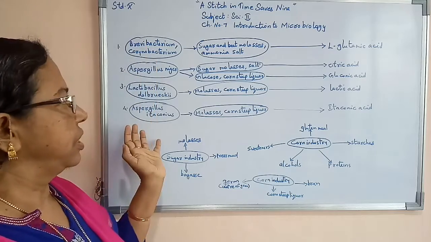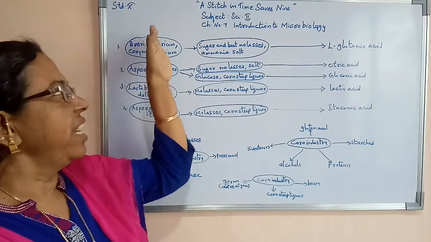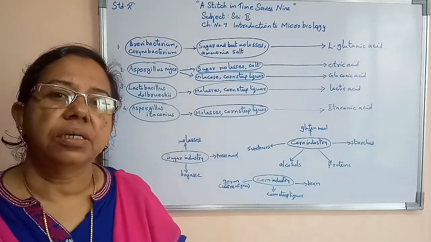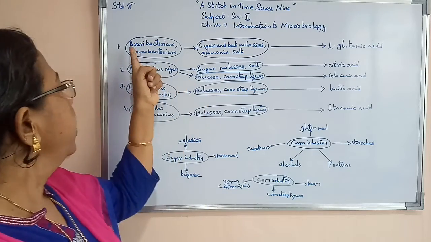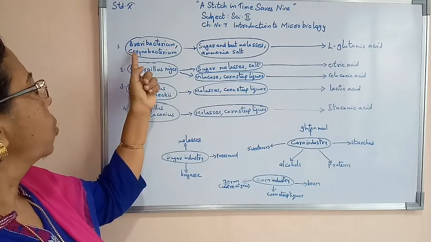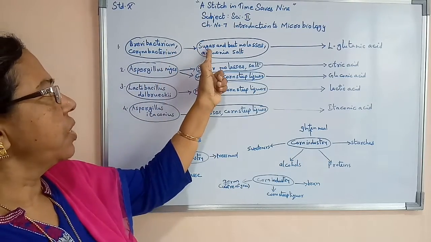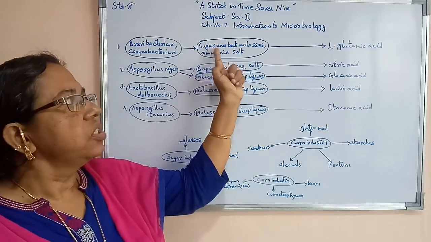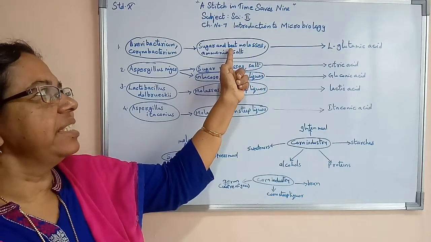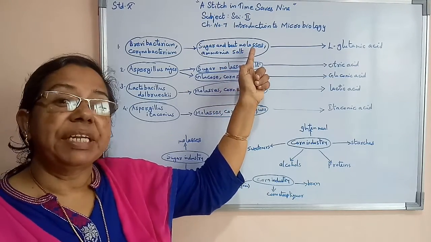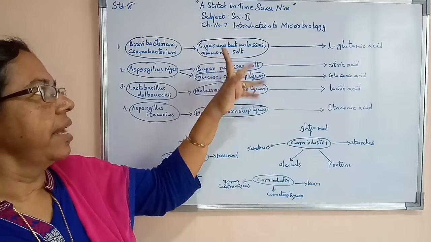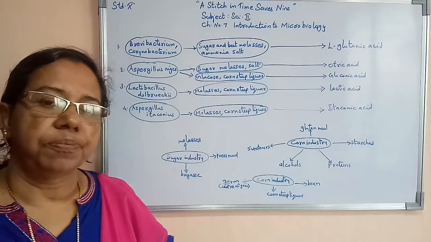What are the various sources of these microbes? That means where all these microbes are growing. Here now Brevibacterium and Corynebacterium, these two types of bacterium are growing in sugar molasses as well as sugar beet molasses, then ammonia salt.